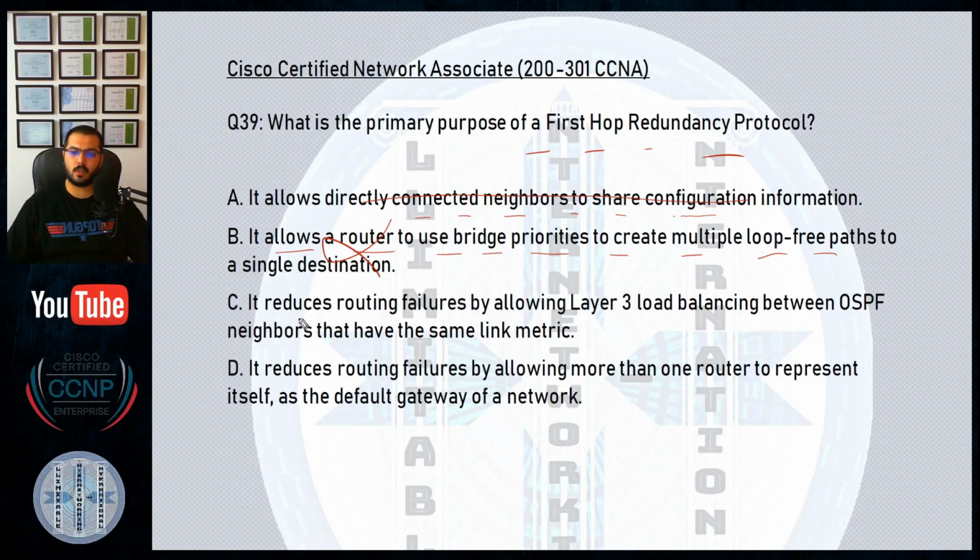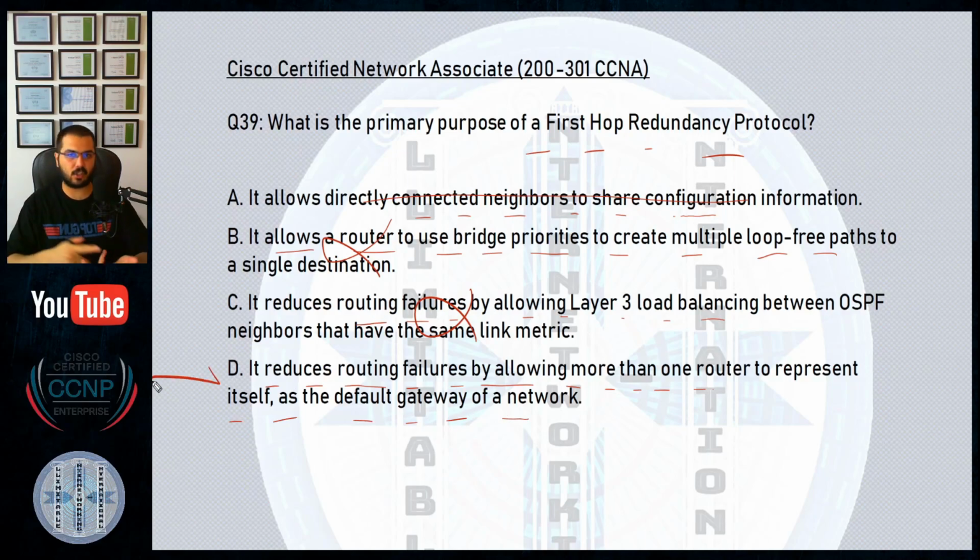It reduces routing failures by allowing layer 3 load balancing between. FHRP does not support load balancing by default, only GLBP does that. It reduces routing failure by allowing more than one router to represent itself as a default gateway. Yes, it's more than one router.